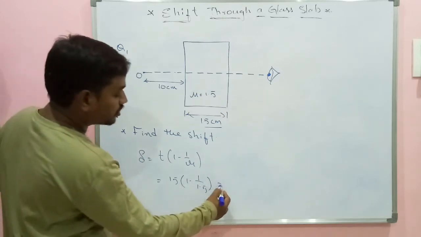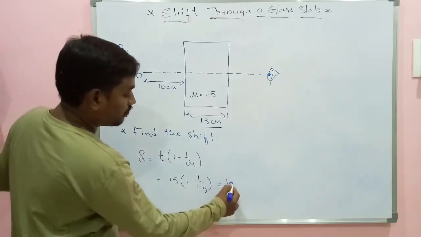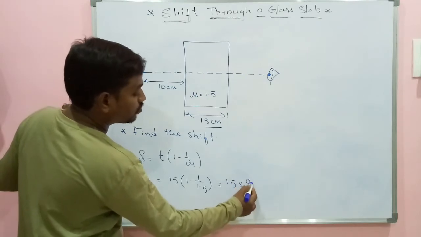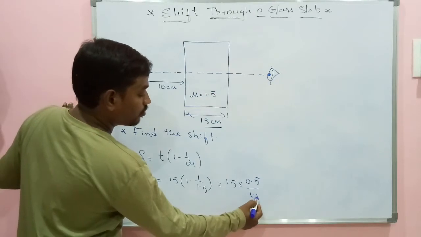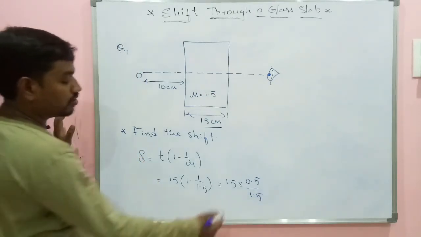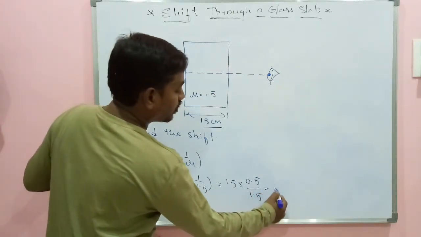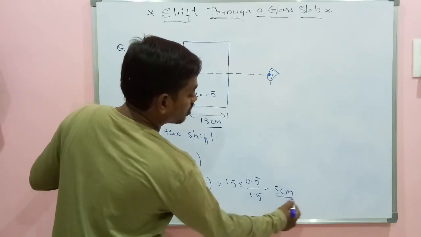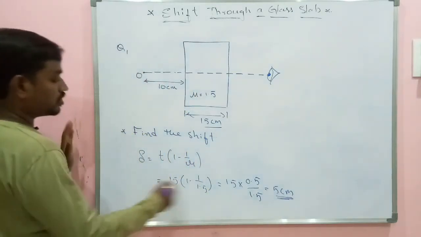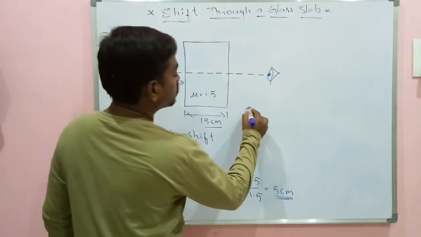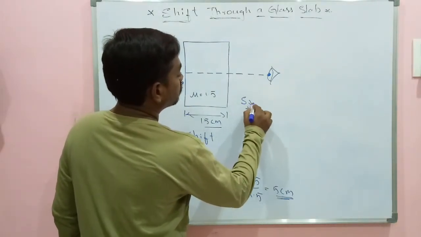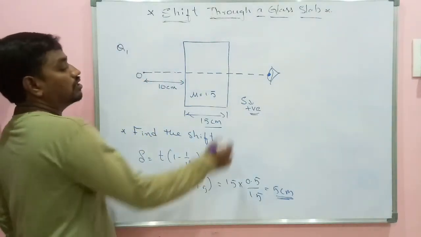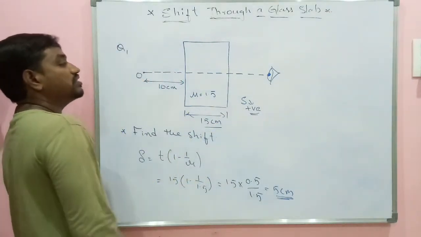If we simplify this, I'll be getting 15 into 0.5 divided by 1.5, which is 5 centimeters. So S equals 5 centimeters. It is a positive value. S is positive. That means the shift is along the direction of incident light.